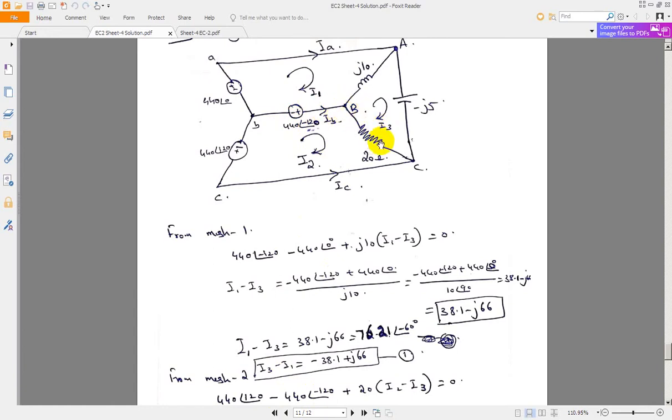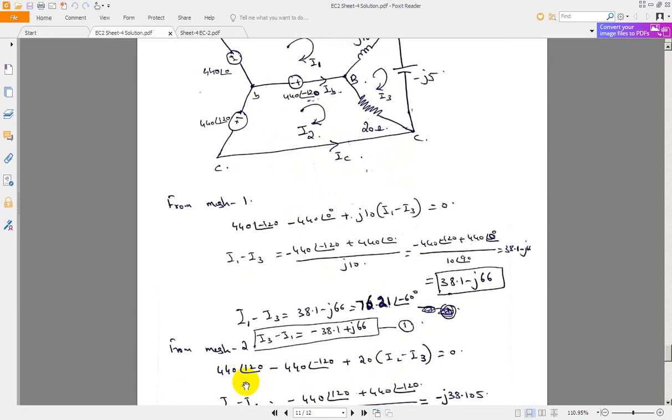Then we have a 20 ohm resistor. The voltage across this will be I2 minus I3 into 20. So we can write 440 at an angle of 120 minus 440 at an angle of minus 120 plus 20 into I2 minus I3 is equal to 0.